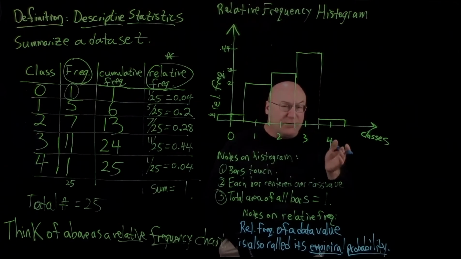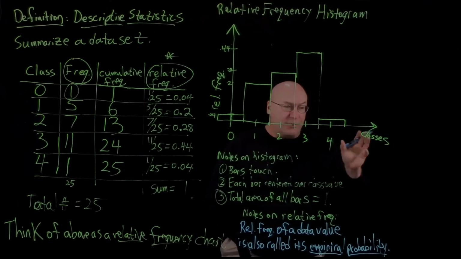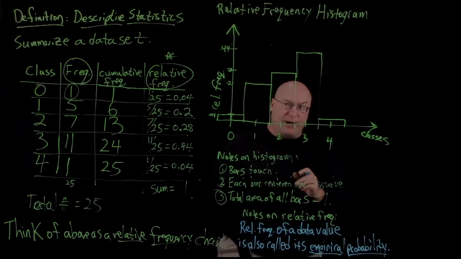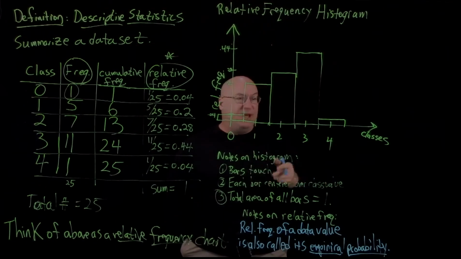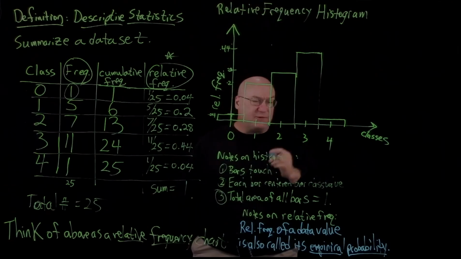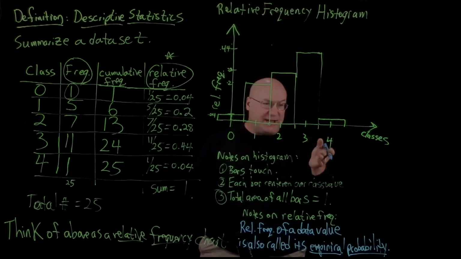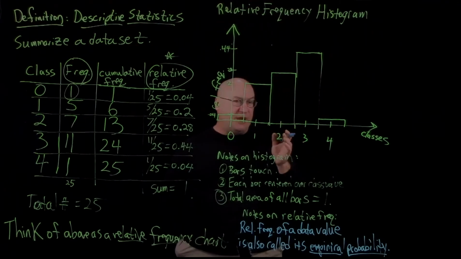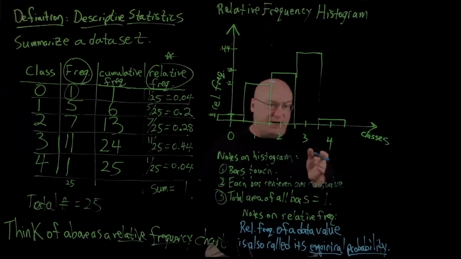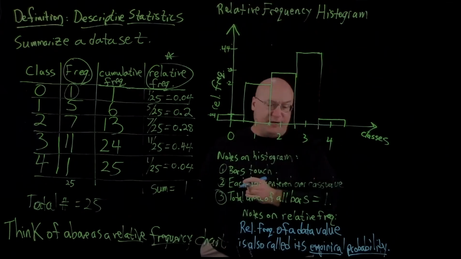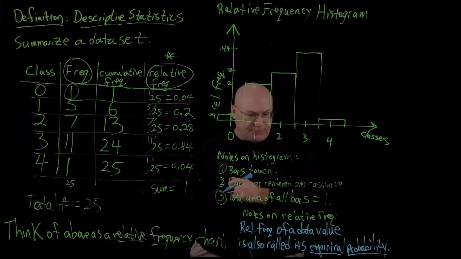I'm saying that the empirical probability that if you grab a couple at random out of this set of 25, the empirical probability that they'll have 3 cell phones is going to be 44%. Right? So it represents the likelihood, which is represented by the proportion of that data value occurring in the whole data set.